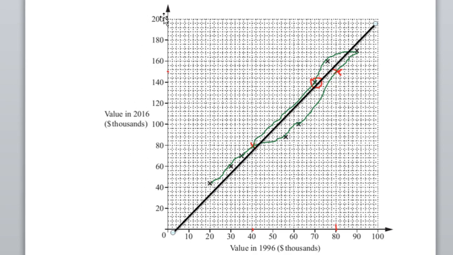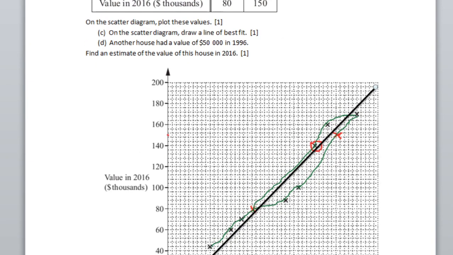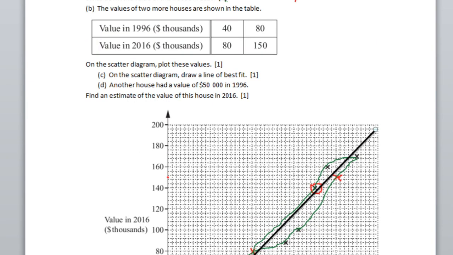So even if those points are not present in the data, we can guess what the value of the house in 2016 was if we have a value for the house in 1996. So this line of best fit has created a link between the value of houses in 1996 and value of houses in 2016.